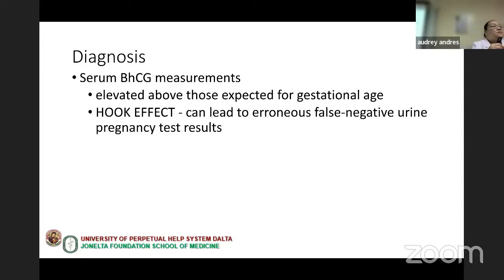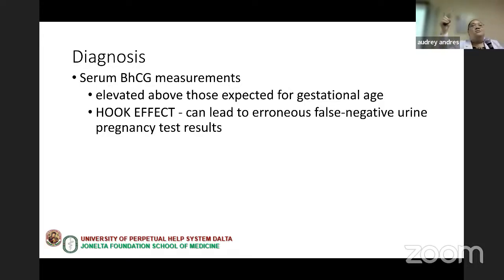So it becomes diluted. So the assay can only recognize up to a certain level of HCG, right? But in a mole, your HCG is at extreme levels.